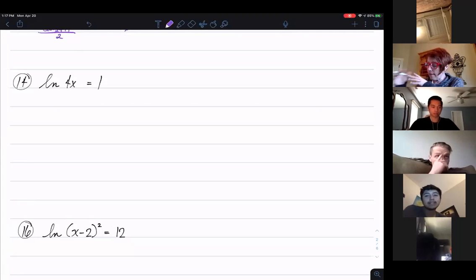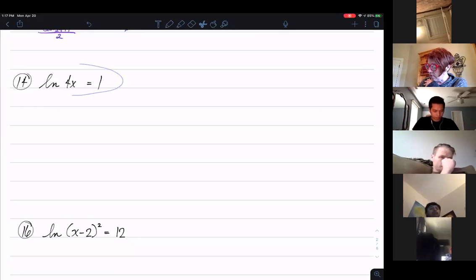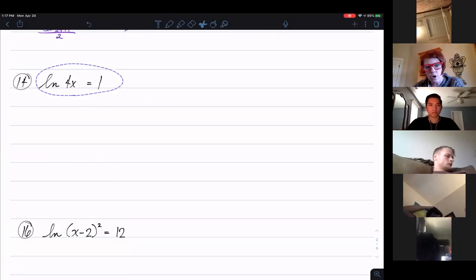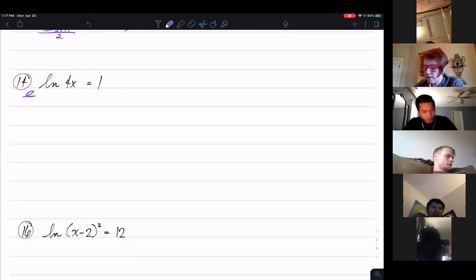Literally what I mean by that is that these two pieces are going to become powers, and my bases are going to be e's. So I'm going to have an e raised to the natural log of 4x is equal to an e raised to a 1. So I'm literally taking the two sides of my equation and making them both into powers. Again, as long as you do the same thing on both sides, that's totally legal.